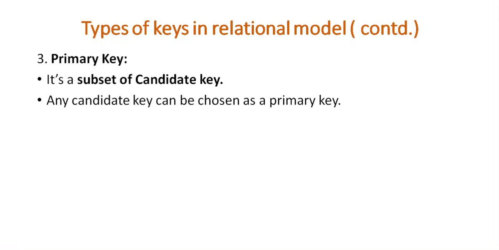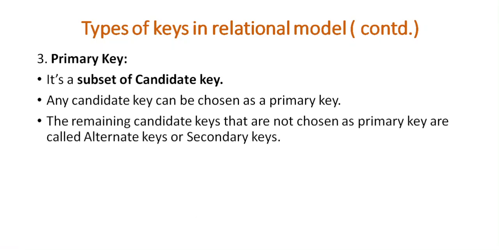From those candidate keys we can select any combination or any attribute as a primary key. The remaining candidate keys that are not chosen as the primary key are called alternate keys or secondary keys.